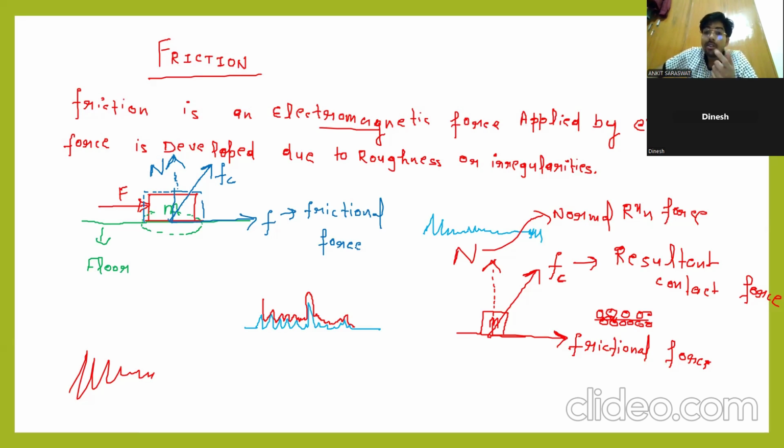But I will tell you friction is a type of contact force because it is a component of FC that is parallel to the contact surface. Is it clear to you? Yes, sir.